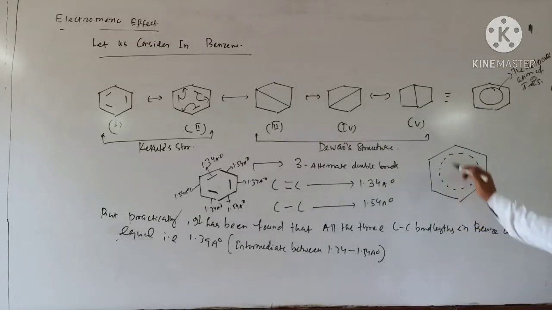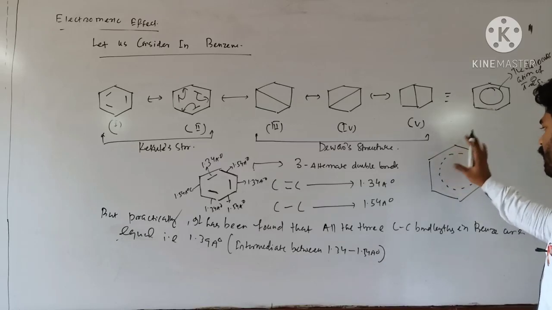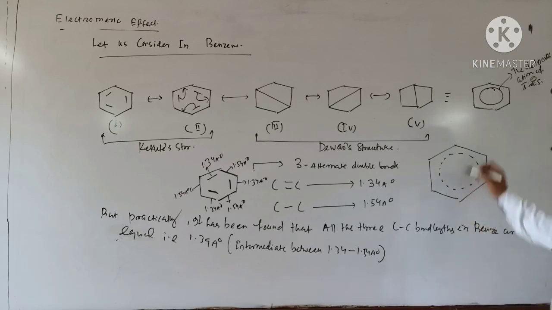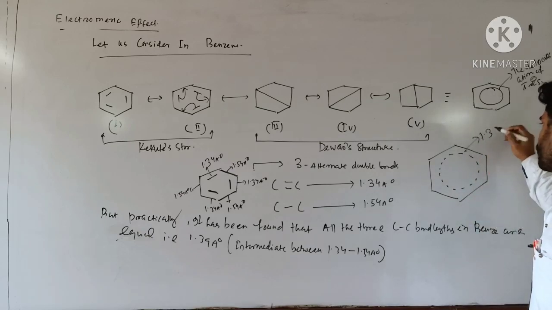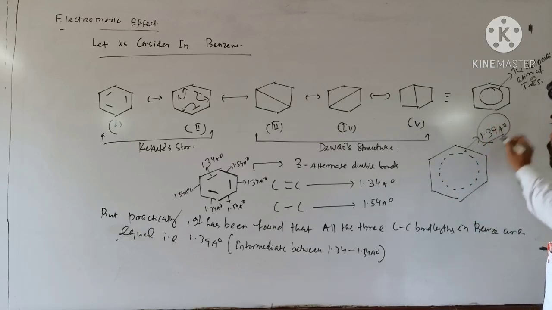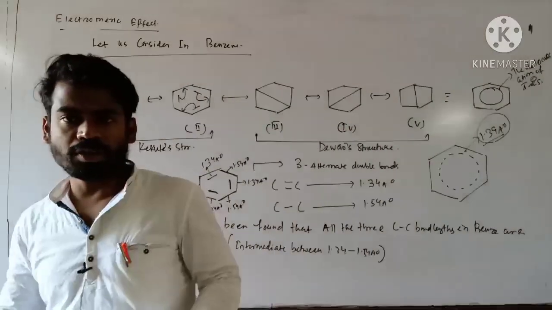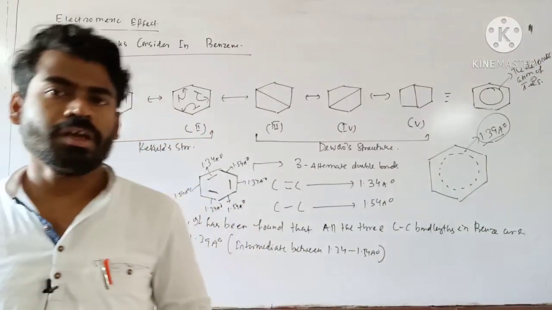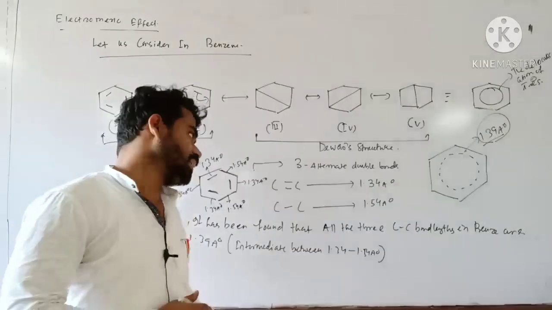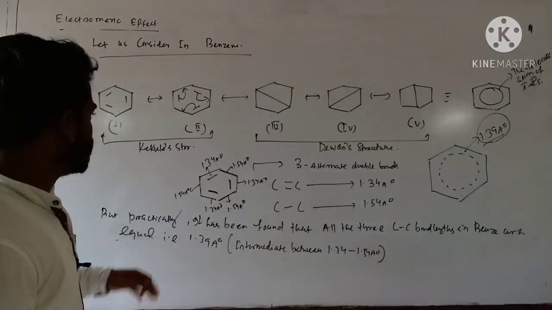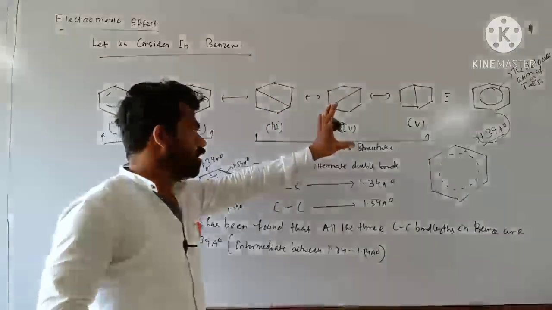No, all the carbon-carbon bond lengths are equal, so uniform distribution of pi electrons satisfies 1.39 angstrom, the bond length among all 6 carbon atoms in the benzene ring. So that's why this is called resonance, and these are called contributing structures.